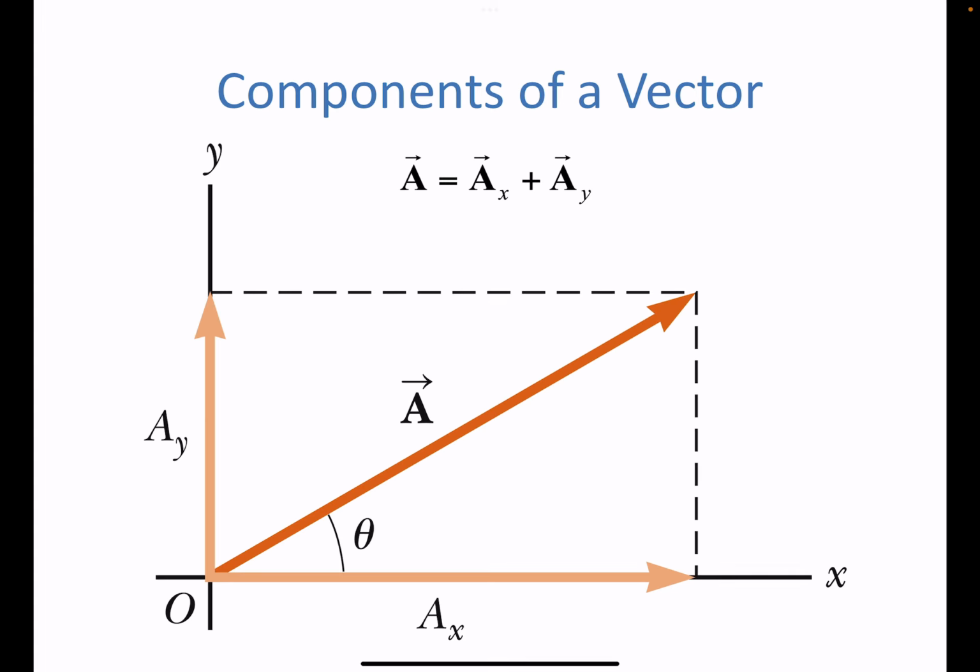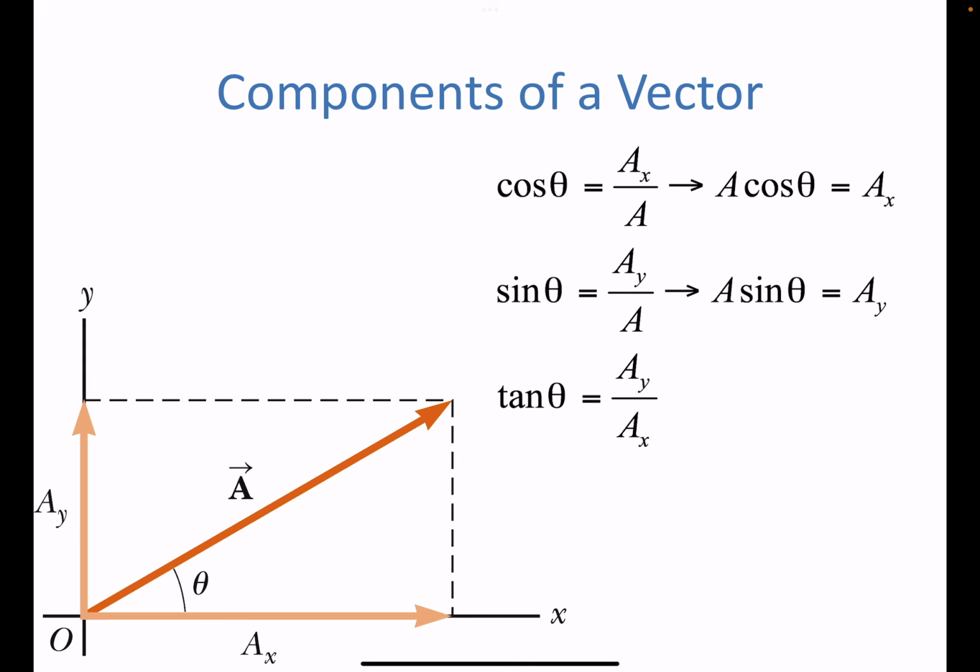While graphic methods are good for understanding, the real power comes from breaking a vector into its components. We can think of any vector as the sum of two perpendicular vectors, one on the x-axis and one on the y-axis. We find the length of these components using the geometry we just reviewed. The x component is the magnitude of the vector times the cosine of the angle.